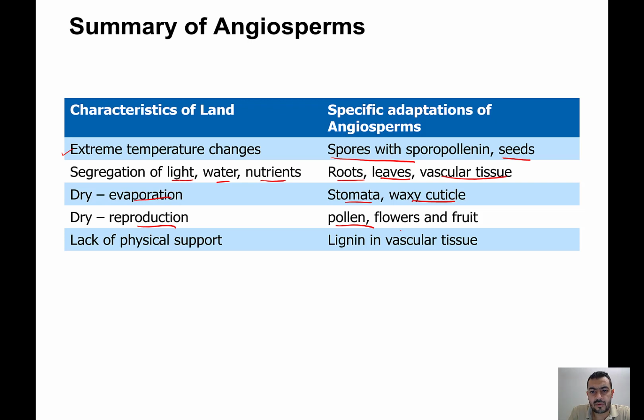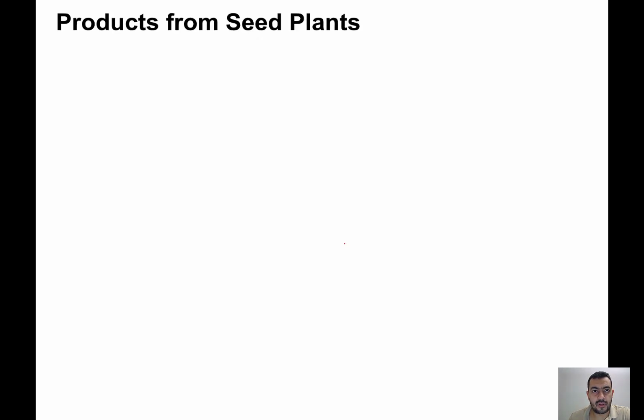And now they have also flowers and fruits. So flowers attract the insects and the pollinators, and the fruit attracts mainly animals, so they can eat the fruit, and they help in the dispersal of the fruit to other places. And the last one is the lack of physical support, so they have lignin in their vascular tissue, which gives them the physical support.